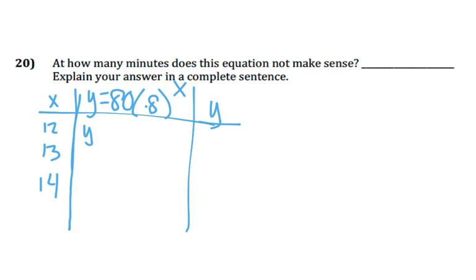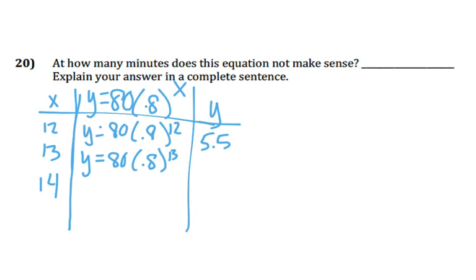So we got y is equal to 80 times 0.8 raised to the 12th power, which is 5.5. And we rounded that up to 6 in our table. Then we go y equals 80 times 0.8 raised to the 13th power, which would give us 4.4. That's fine. That's at least a Skittle different.